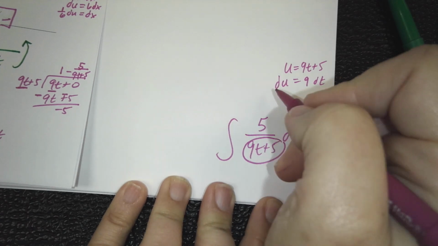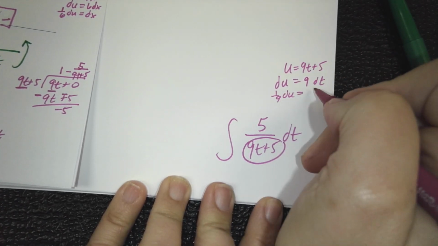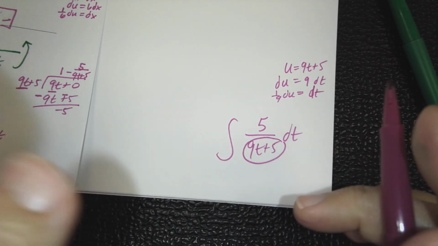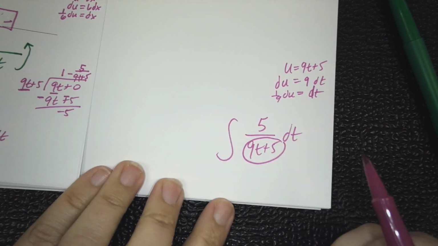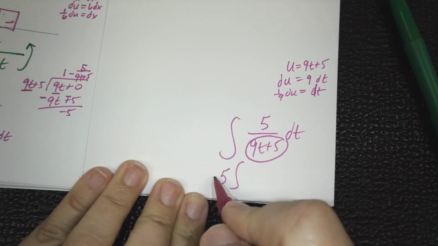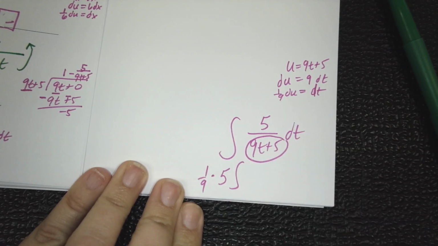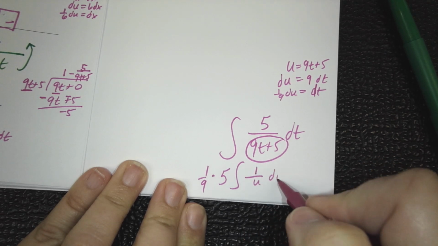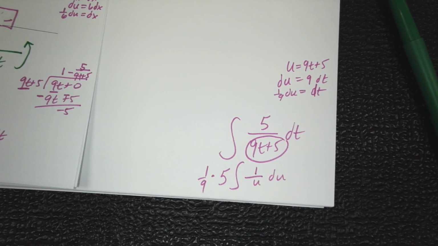We divided it out, and we had 1/9 du. So that 5, could I not bring that over also? So I had 5 on the outside, 1/9 on the outside, and 1 over u. Well, how do you integrate a 1 over u?